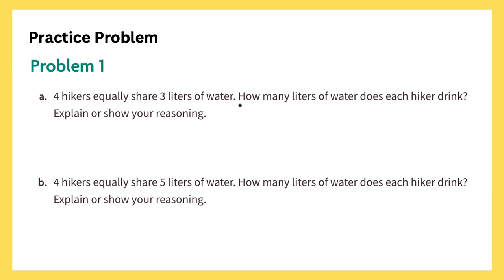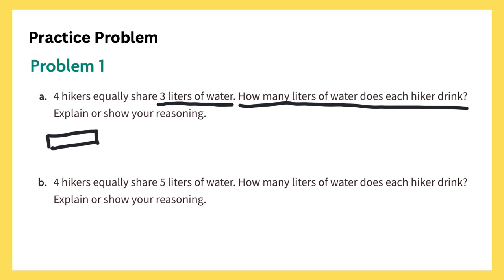So again, it says how many liters does each hiker drink? And we can actually make this a little smaller, can we? No, we can't. All right. So we know that we have 3 liters of water. So let's just pretend that these are bottles of water. There's 1 liter. There's 2 liters. That one's a little bigger, sorry. And 3 liters of water.